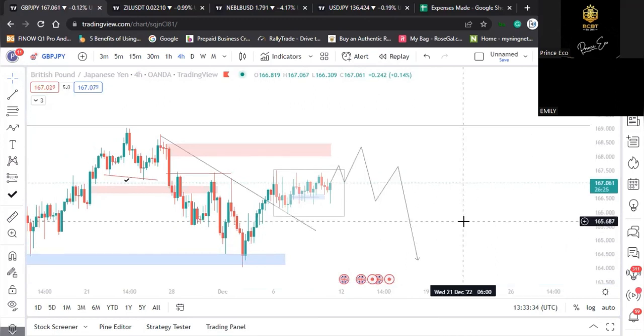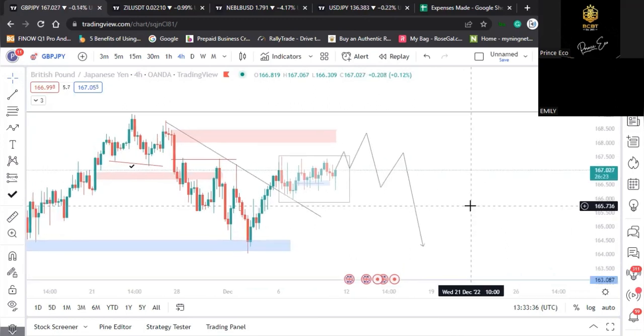So do you use order block for entry and also 61 retracement for entry? Yeah, I use order blocks for entry, and I use Fibonacci for entry.